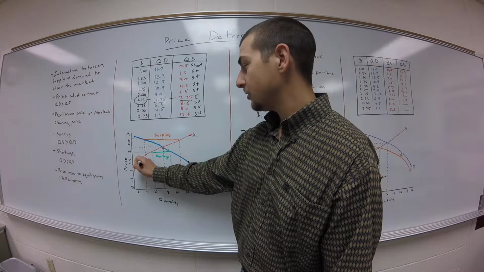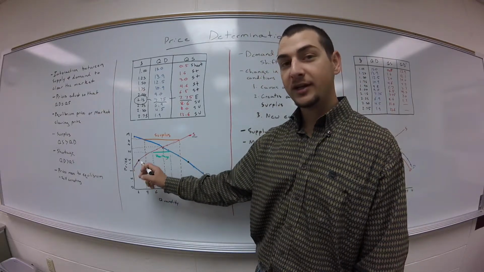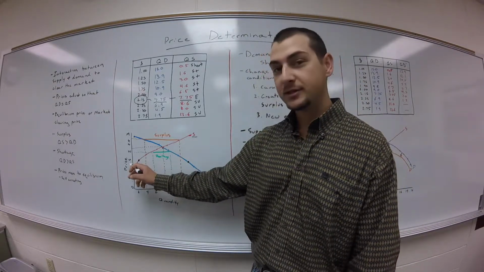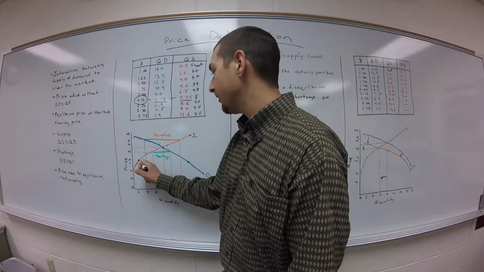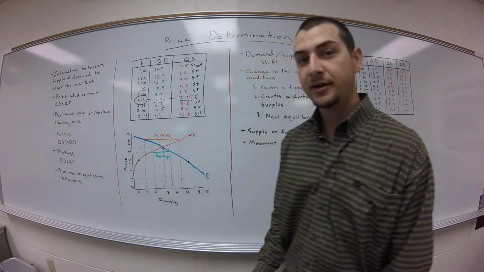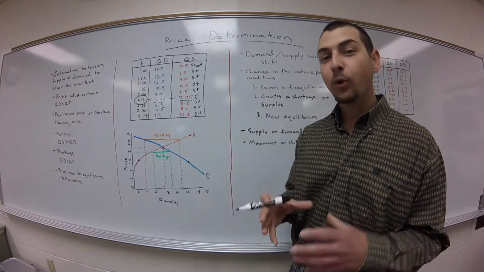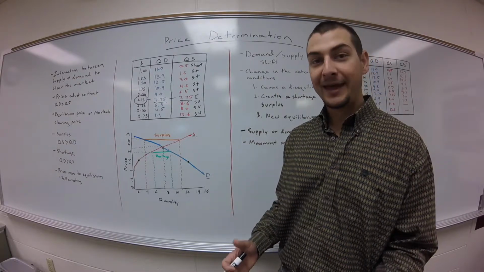Same as here. At that specific point, that is the quantity that is being supplied at that price. So we can say that at a single specific price of $1.50, we have 3 units being supplied. So a single point on that line would be your quantity supplied or quantity demanded.